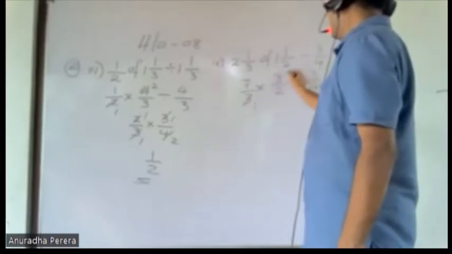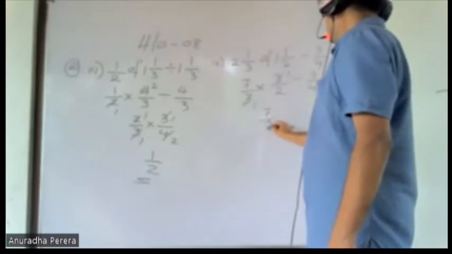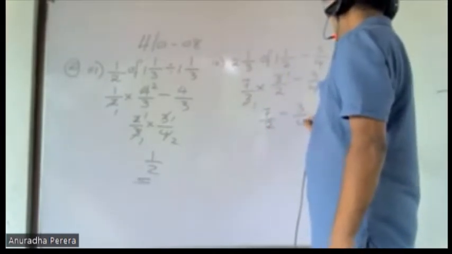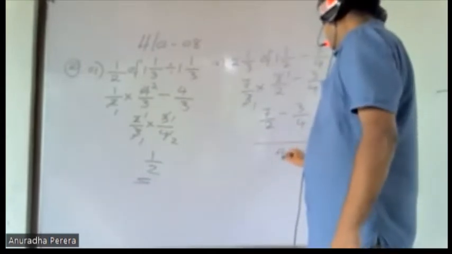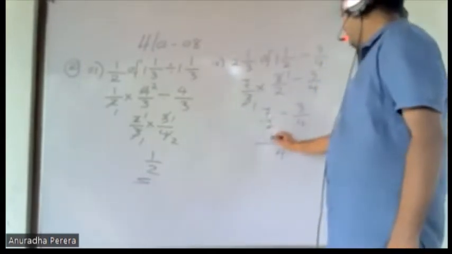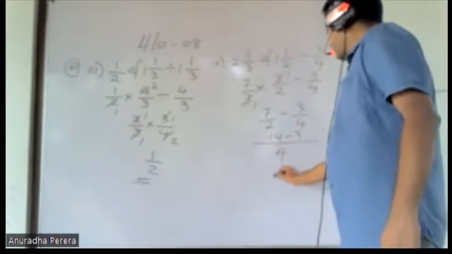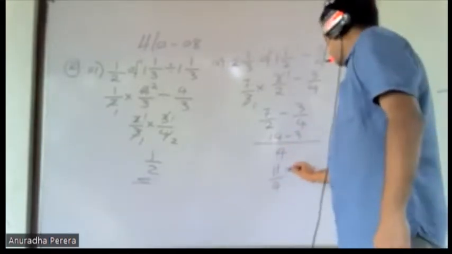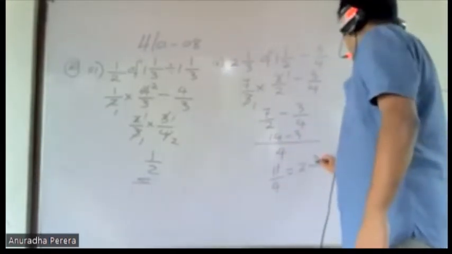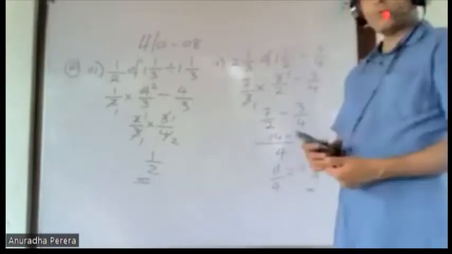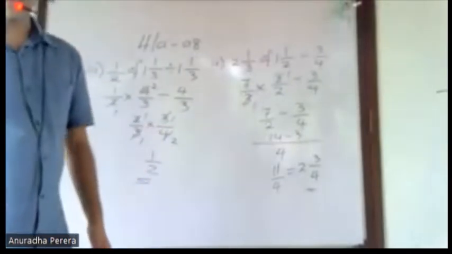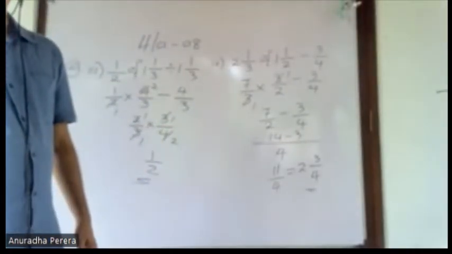Simplify by 3. 7/2 minus 3/4. The common denominator is 4. 4/2, 2 into 7, 14 minus 3. 11/4. 2 3/4. Have you got the answer? 2 3/4. Yes, sir. Right. Then question number 5.